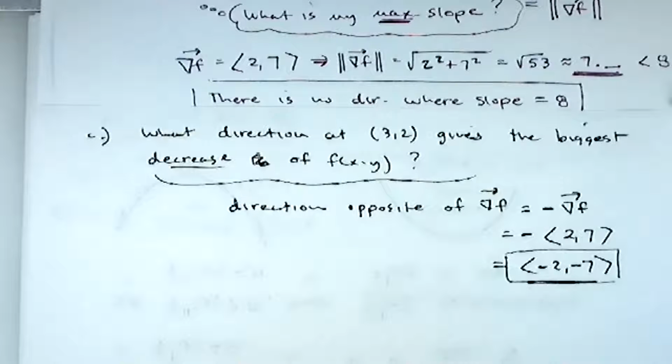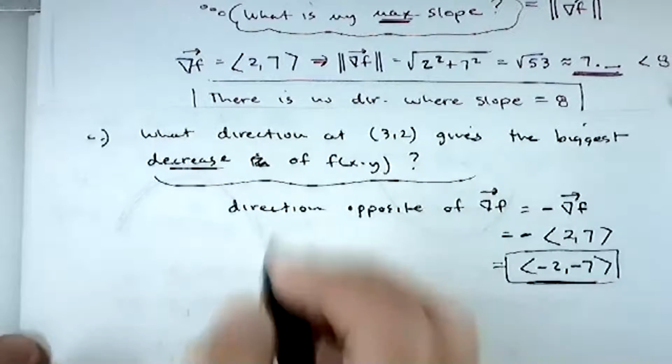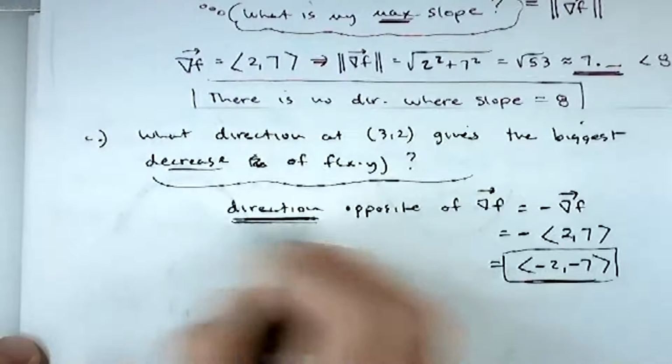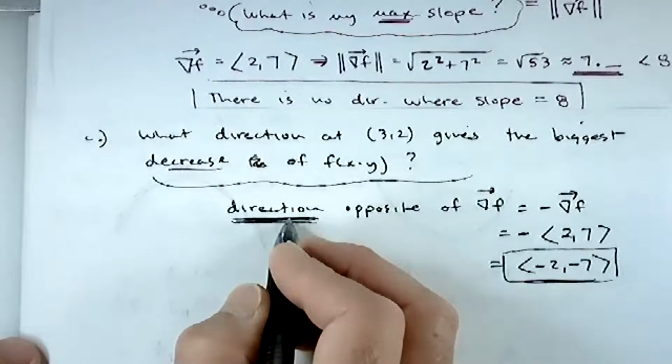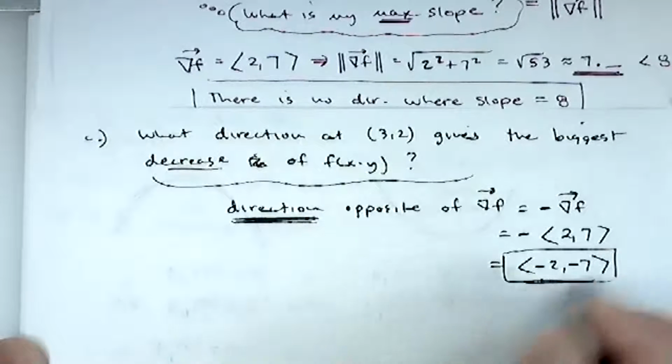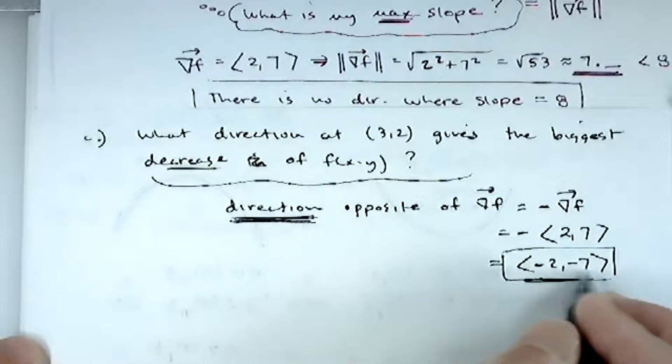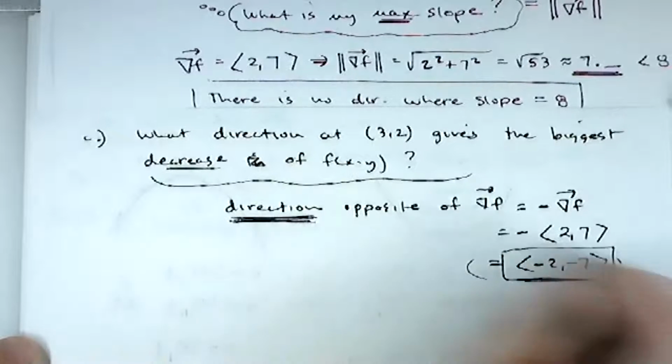If you're doing WebWork problems, it's really unclear when you're supposed to make something a unit vector or not. Certainly, if you're using the formula for the directional derivative, you want your vector to be a unit vector. But I think I've said this before, it's customary in the world of math and physics that anytime you want to specify a direction, you should make it a unit vector. So I could turn this into a unit vector by dividing by the magnitude here, but it seems like WebWork is fine with this.